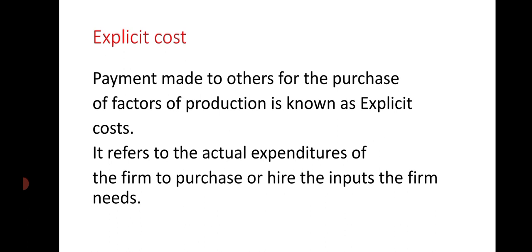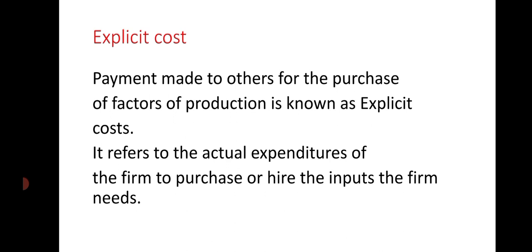These four payments for factors of production are called explicit cost. Payment made to others for purchase of factors of production is known as explicit cost. It refers to the actual expenditure of the firm to purchase or hire the inputs the firm needs. To purchase raw material, they pay some amount, isn't it? That is also explicit cost.